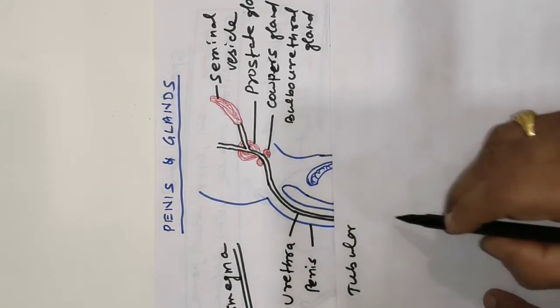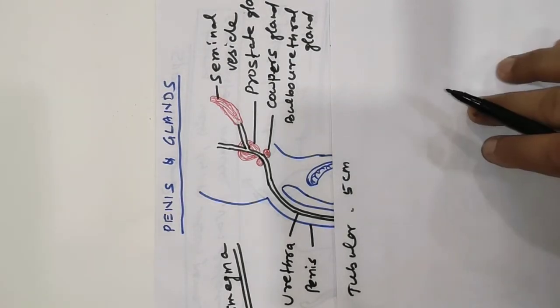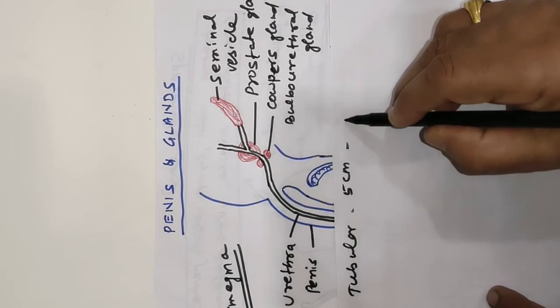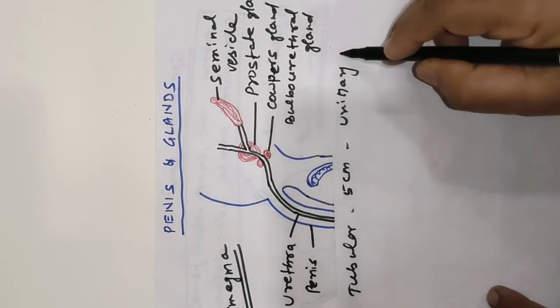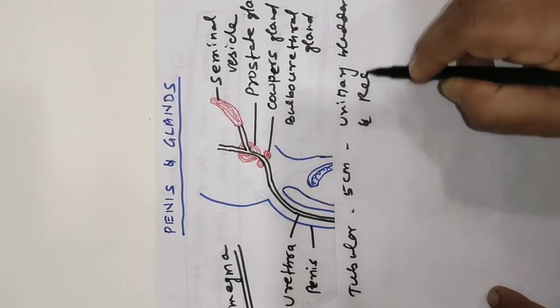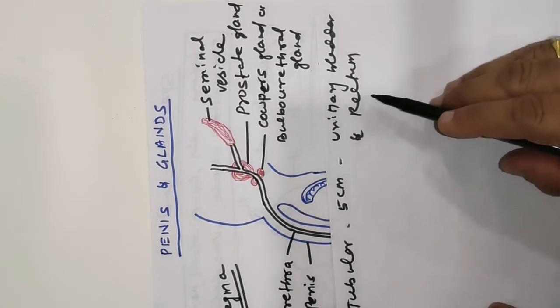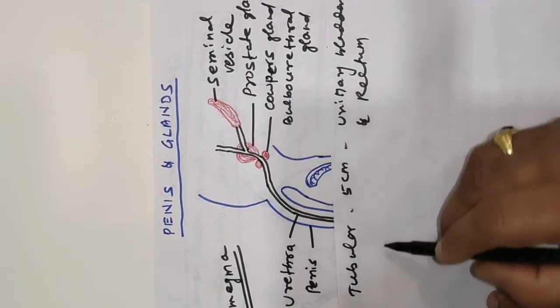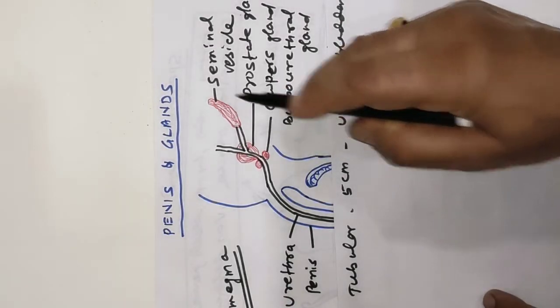These are tubular glands of about 5 cm in length and found between the urinary bladder and rectum. It has a number of diverticula, as you see here in the seminal vesicle.